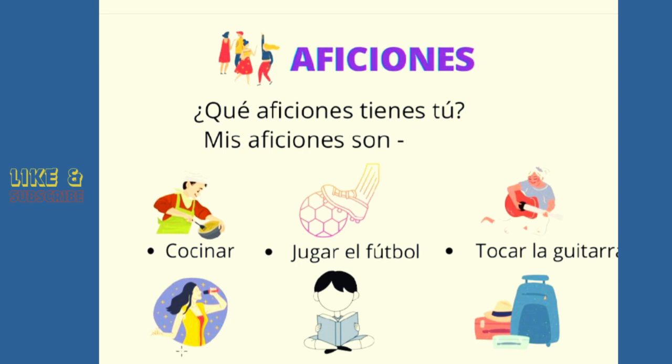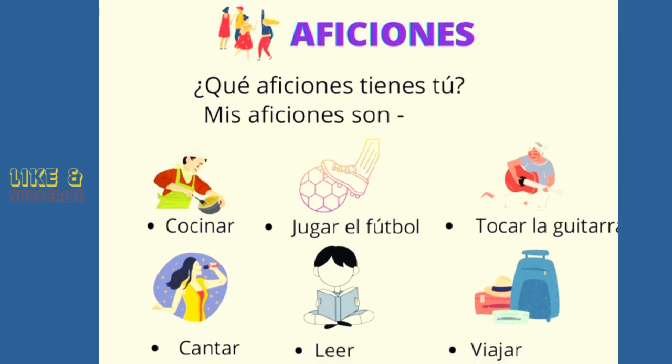For singing, cantar. Leer, it's leer, not lead. Okay, leer is to read and viajar is to travel. So with this pattern you can express your hobbies. And what do we call hobbies in Spanish? Aficiones. Okay? Clear?